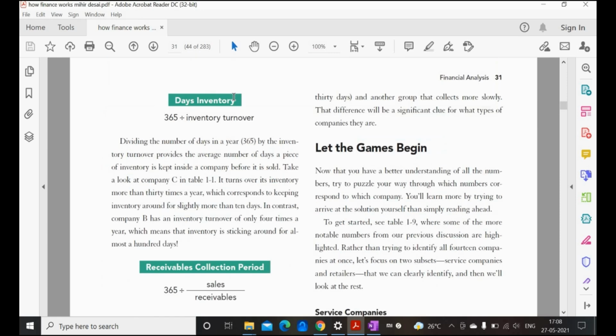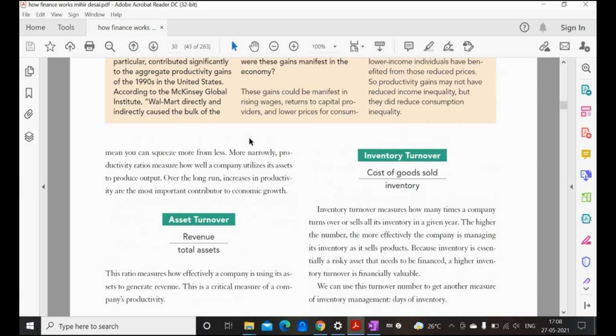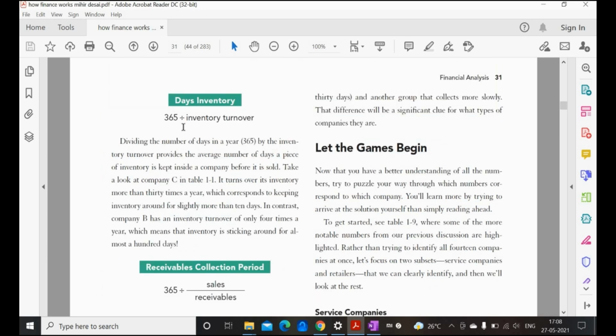So next ratio is days inventory ratio, 365 by inventory turnover. Now this is inventory turnover. Suppose the ratio is 2 is to 1, right? That means it will be given by 365 by 2 by 1, right?